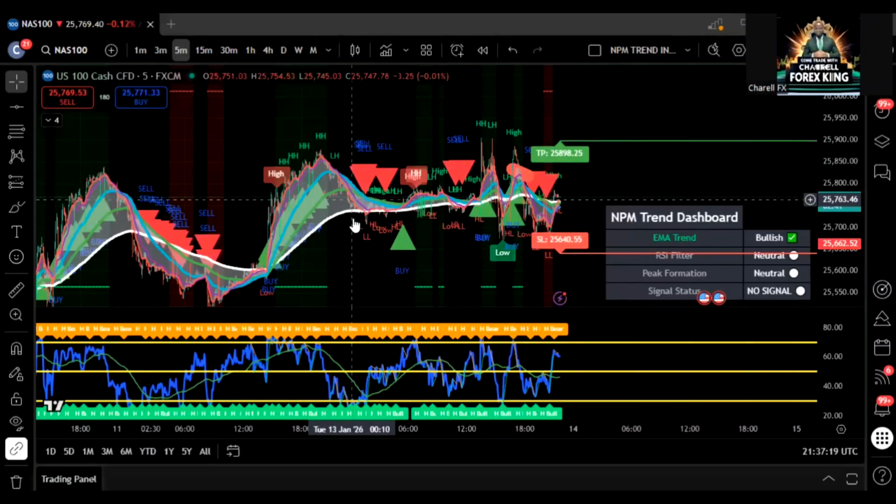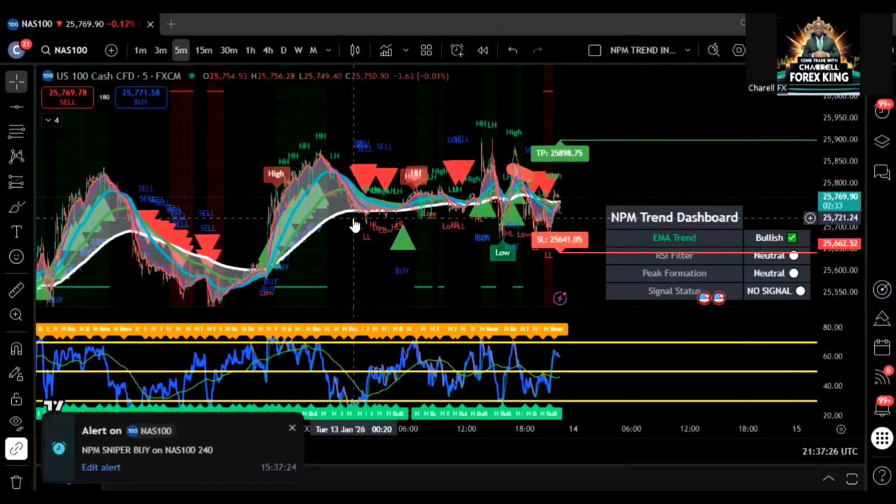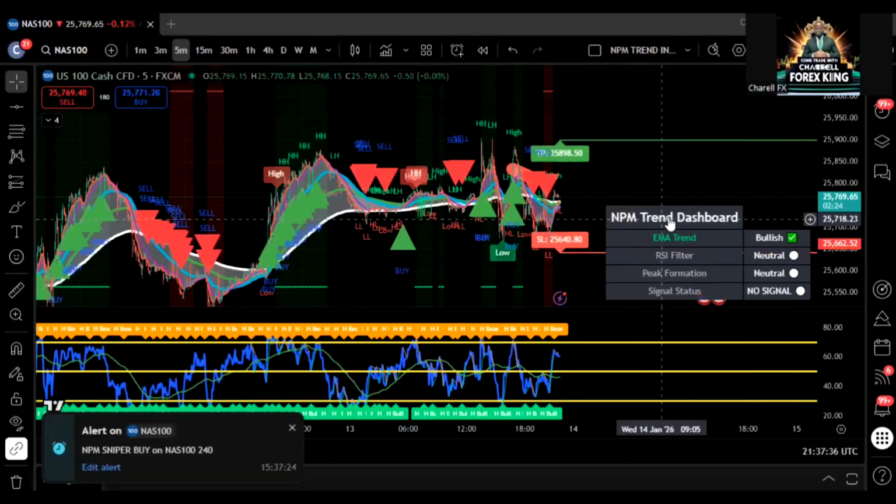This is what I would use if I was to start off as a beginner in 2026. These tools: a broker, TradingView, and my MPM trend dashboard. I would highly recommend you get my MPM trend dashboard. This is what you really need.